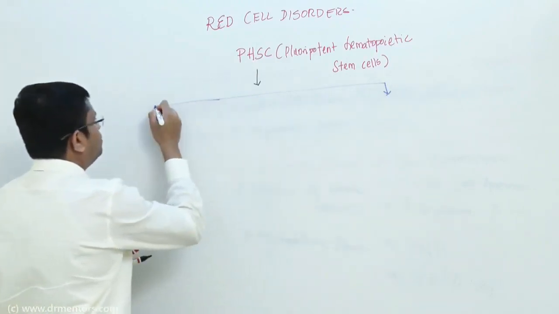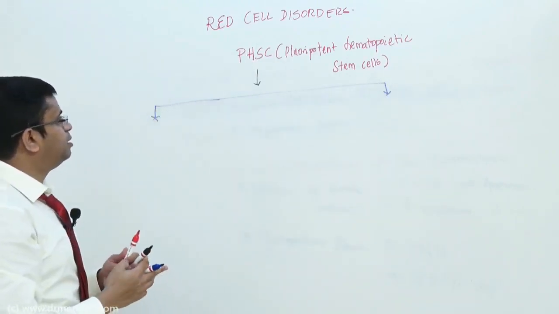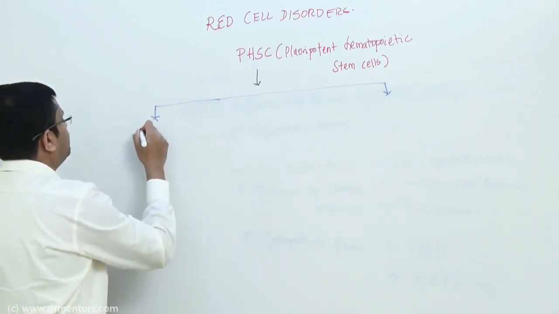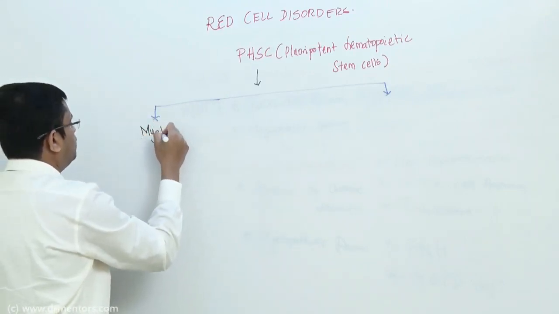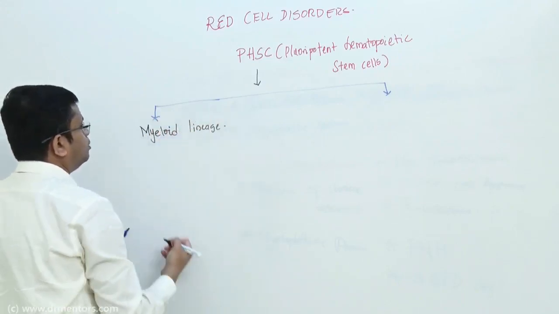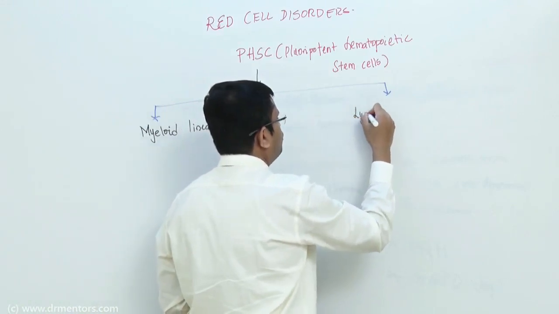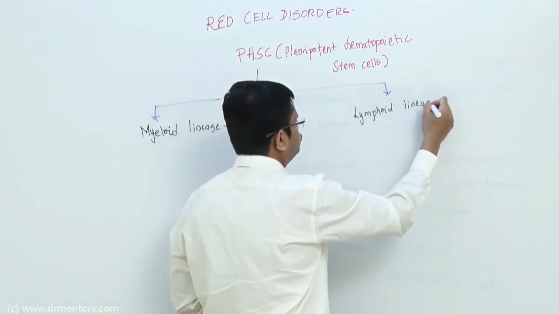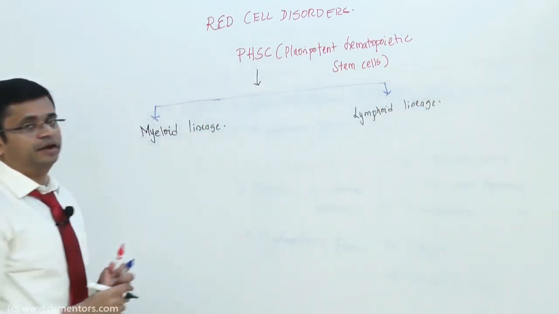The two major divisions you get from the pluripotent hematopoietic stem cell are, one, the myeloid lineage, then the lymphoid lineage. That's something which you should know for exams. Myeloid, lymphoid.